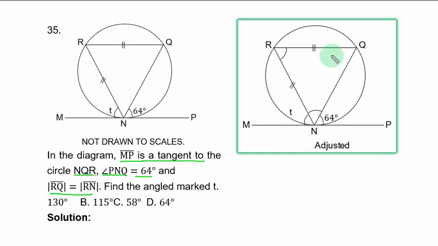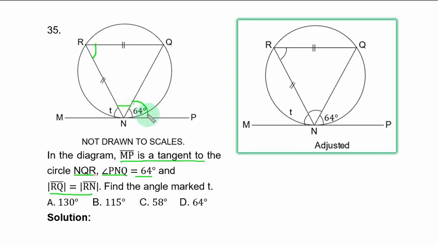So we have to find the angle marked T. Now, if you can get this angle, if you add the three together, you have angles on a straight line. But before then, this angle here is equal to this angle. That is alternate segment.